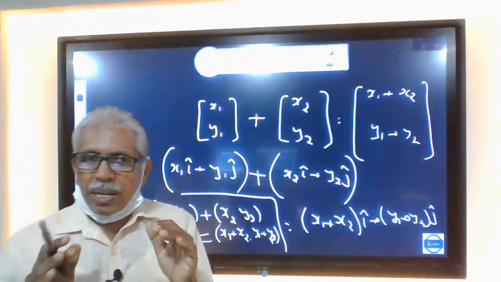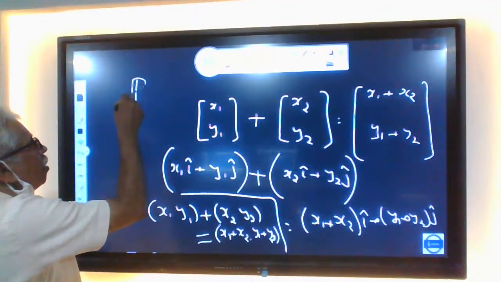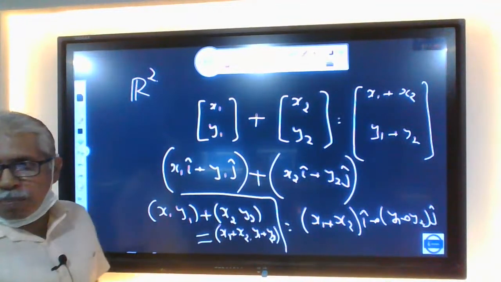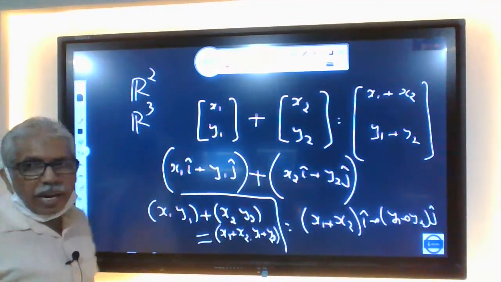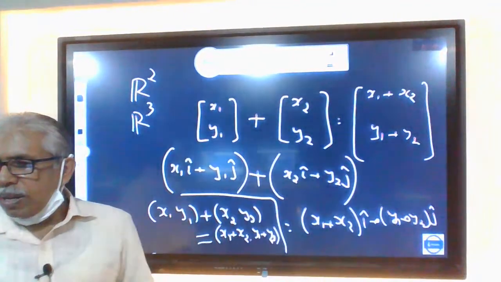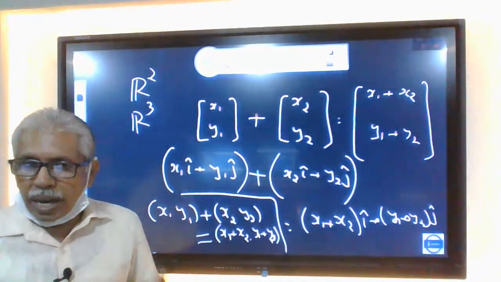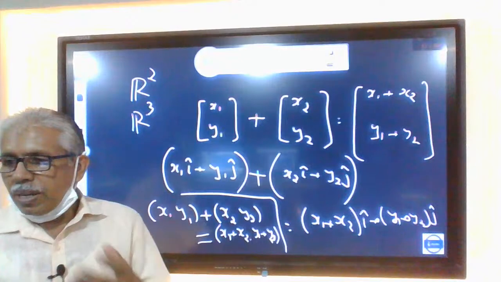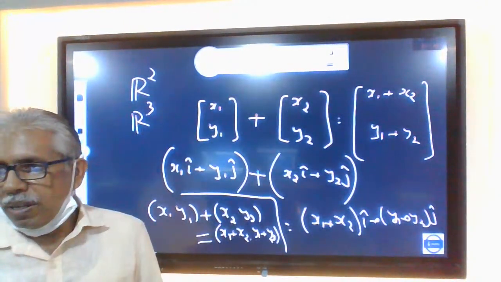So if you take R2, the two-dimensional plane, or R3, the three-dimensional space, they contain points, and the points can be added. And the process of addition is coordinate-wise addition.